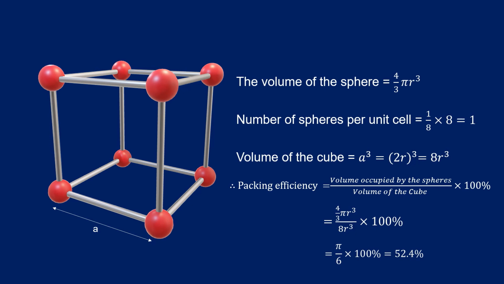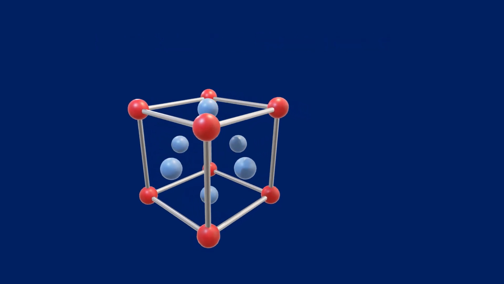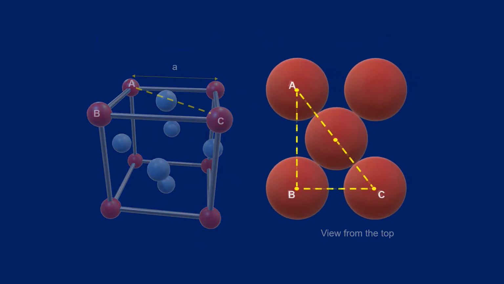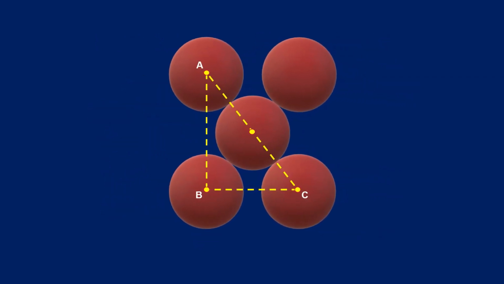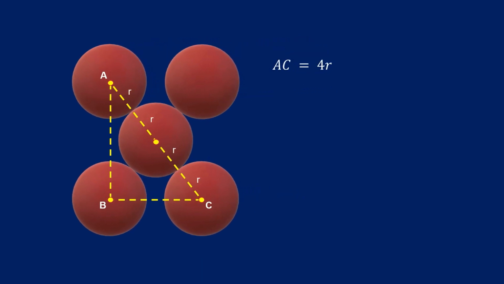Now let us calculate the packing efficiency of a face-centered cubic unit cell. As the sphere on the face is touching the spheres in the corners, here we can see that the face diagonal AC is equal to 4 times the radius r.